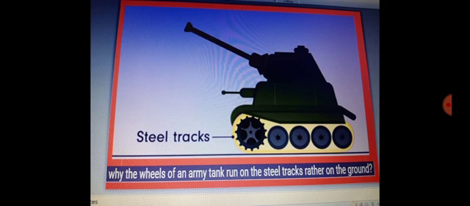This iron ribbon helps in increasing the area of contact of the army tank on the ground, therefore reduces the pressure. Thus the army tank does not sink into the soil and it can move smoother.